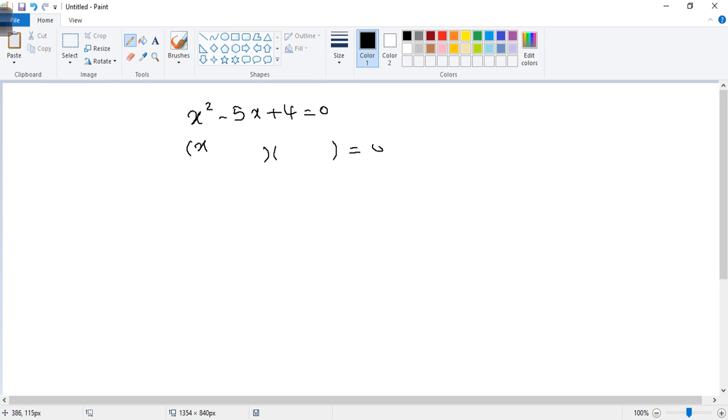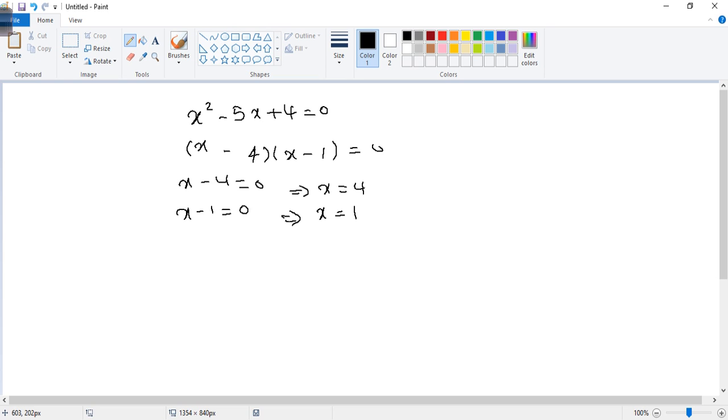X squared is x times x, and 4 is 4 times 1, and here the sign is minus, so minus 4 times minus 1 gives us plus 4. So x minus 4 equals 0, that will lead to x equals 4, that's the first value, and x minus 1 equals 0, that will lead to x equals 1.